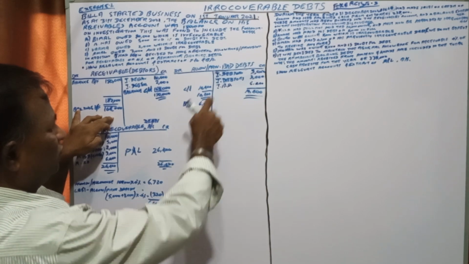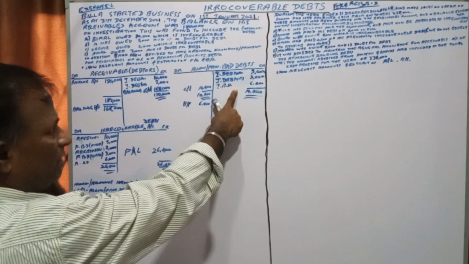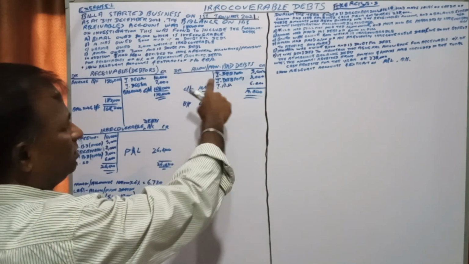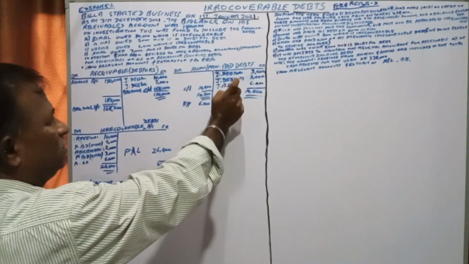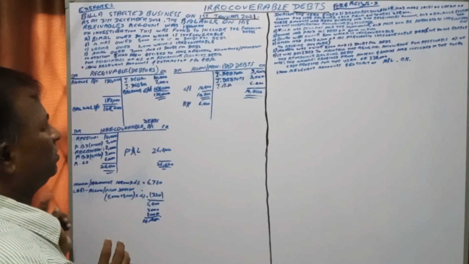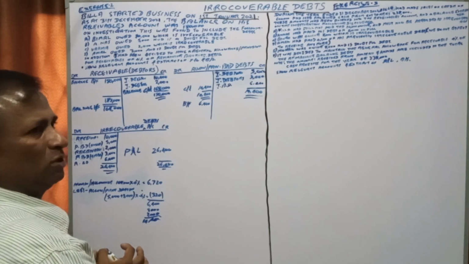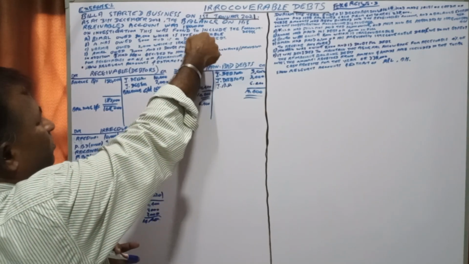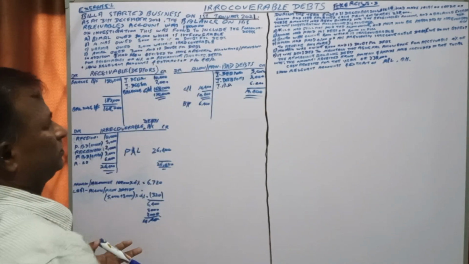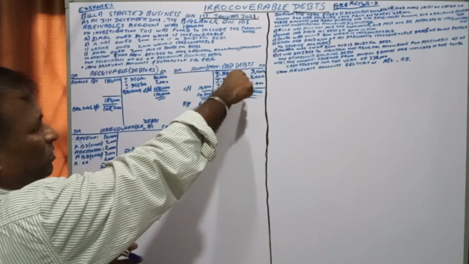This 6,400 we have to charge here, allowance or provision for bad debts. 6,400 we have to charge to the P&L because we have to make a general provision, apart from the specific provisions made. These are the specific debtors.